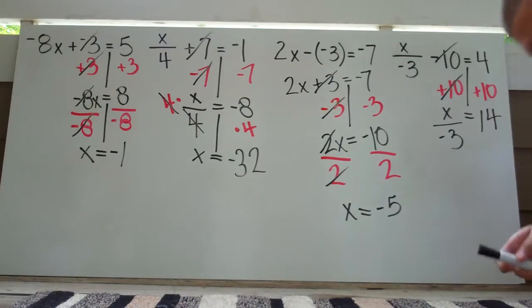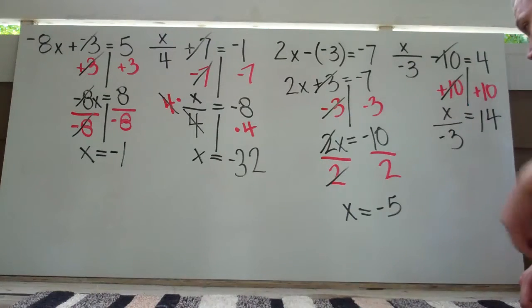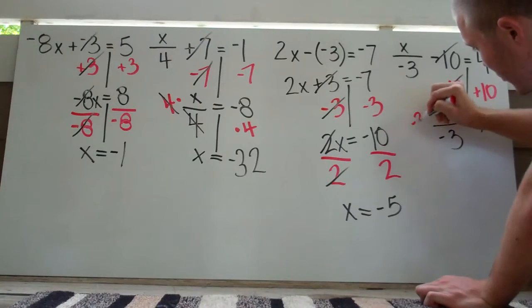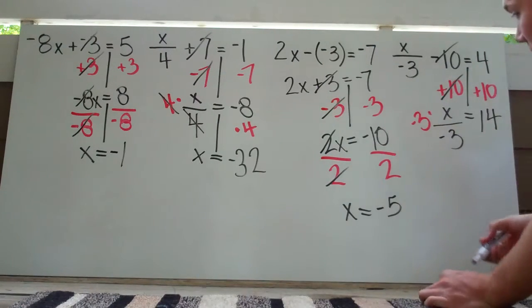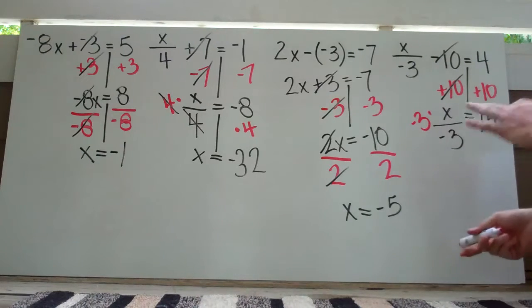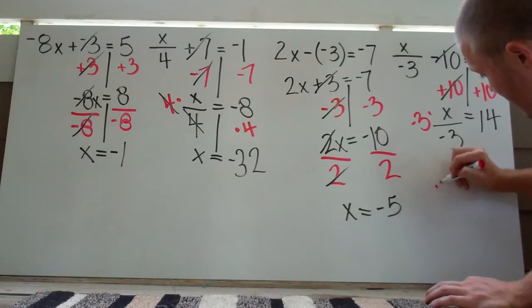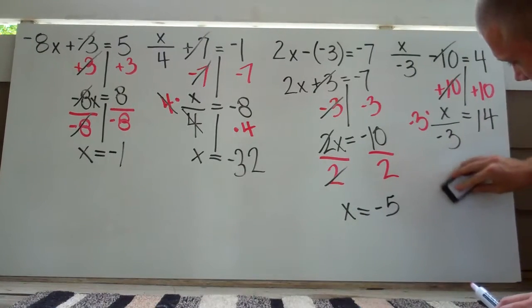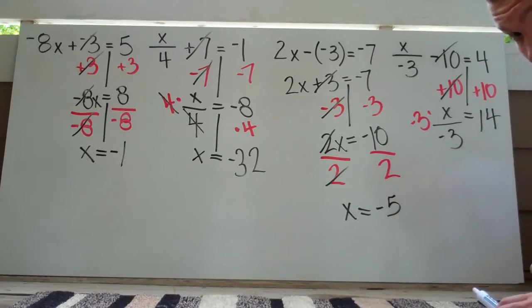And then the last step to our two-step equation, x divided by negative 3. The opposite of divided by negative 3 is going to be times negative 3. So again, you could do 3, or you could do negative 3 times. You could have even written times negative 3 up here. It doesn't matter. You're going to get the same answer regardless.